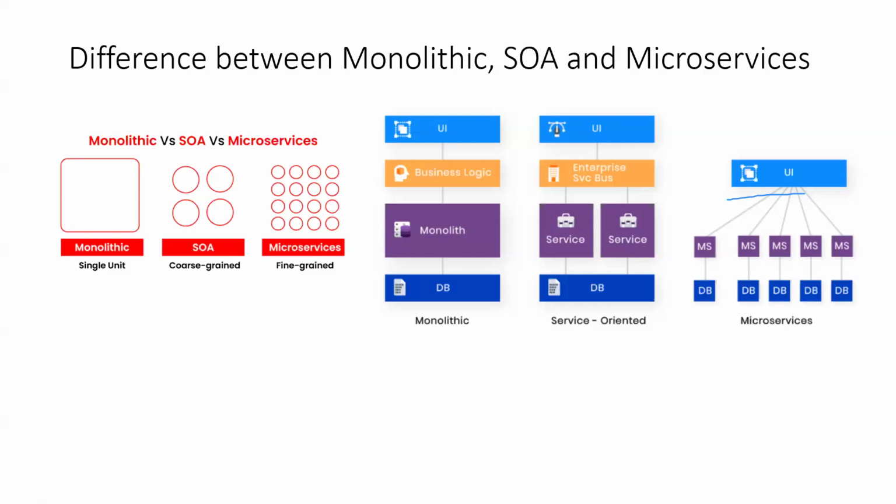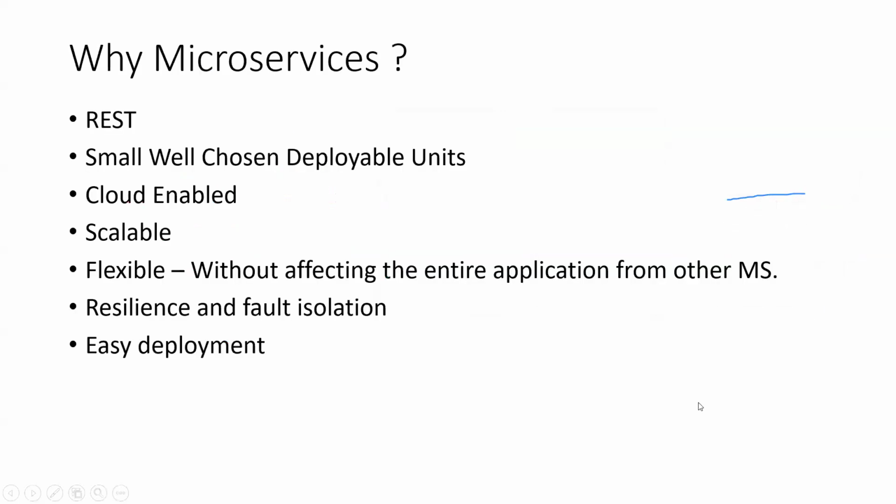A set of ACID properties should be accomplished to maintain data integrity, so that we do not allow the customer to read the data wrongly. That is part of the ACID properties of the DB. So all of this is accomplished in the microservices world. Okay, so that's about this slide.